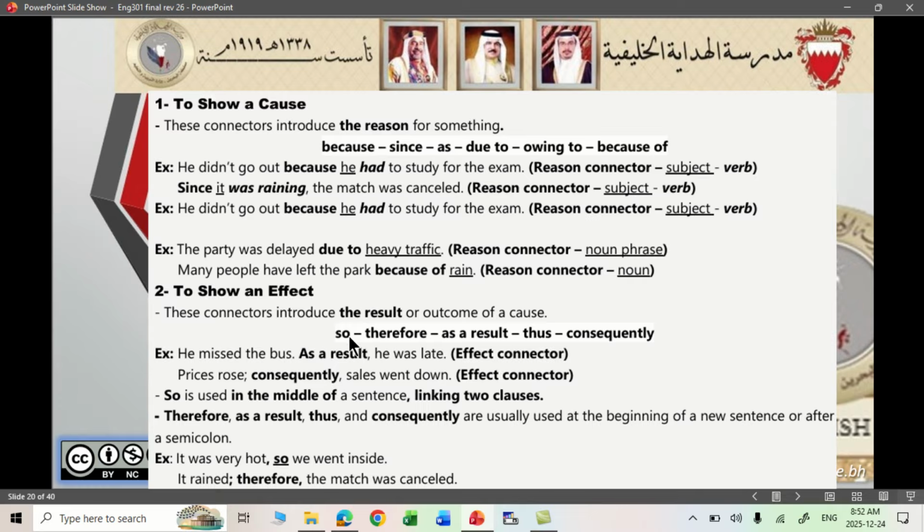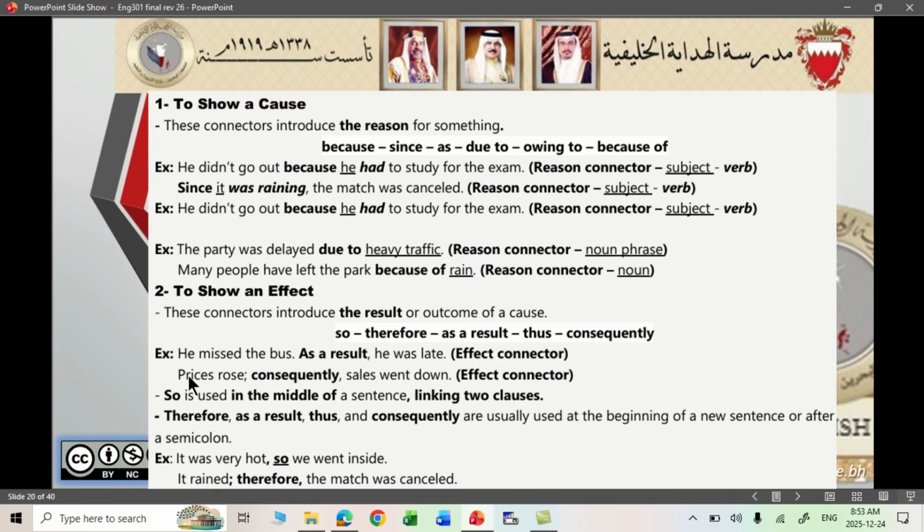We have so, therefore, as a result, thus, and consequently. And let's look at the examples. He missed the bus. As a result, he was late. As a result, here we are talking about the effect. What happened because he missed the bus? He was late.